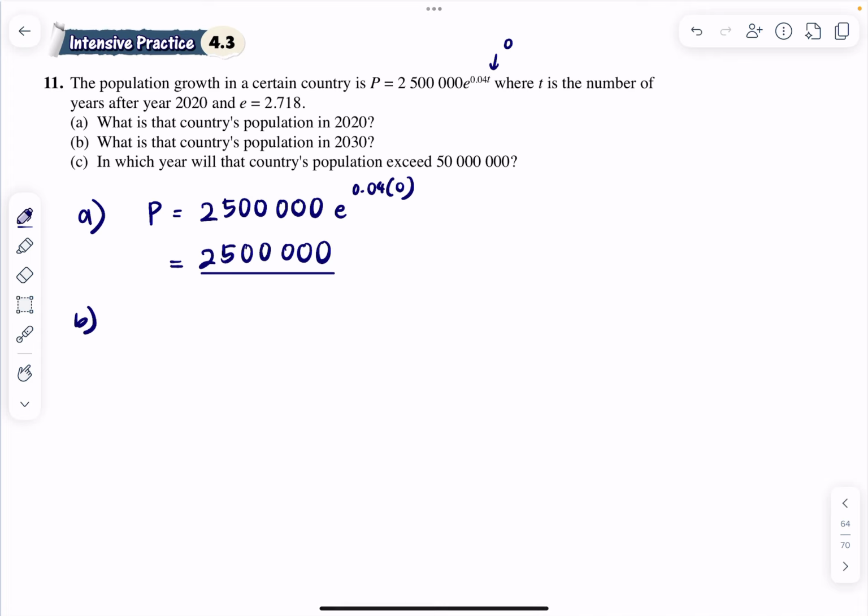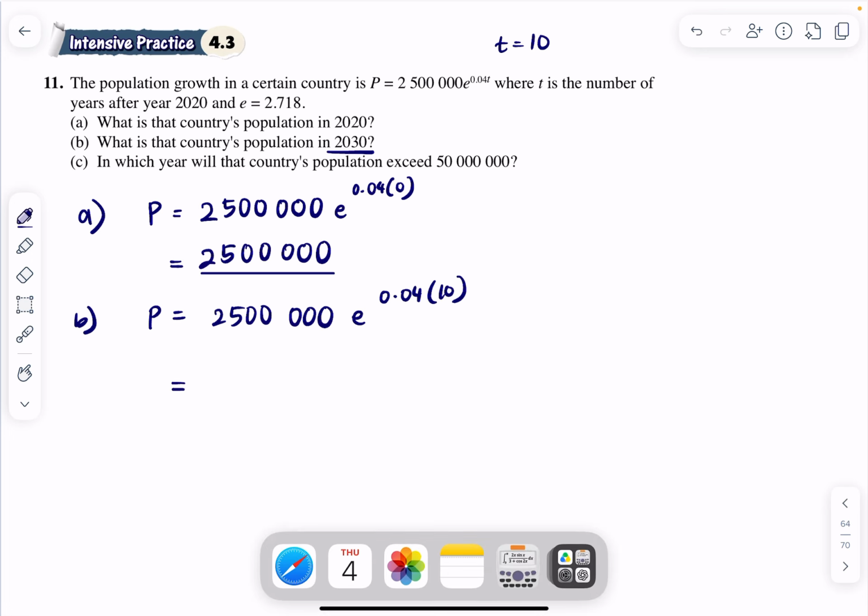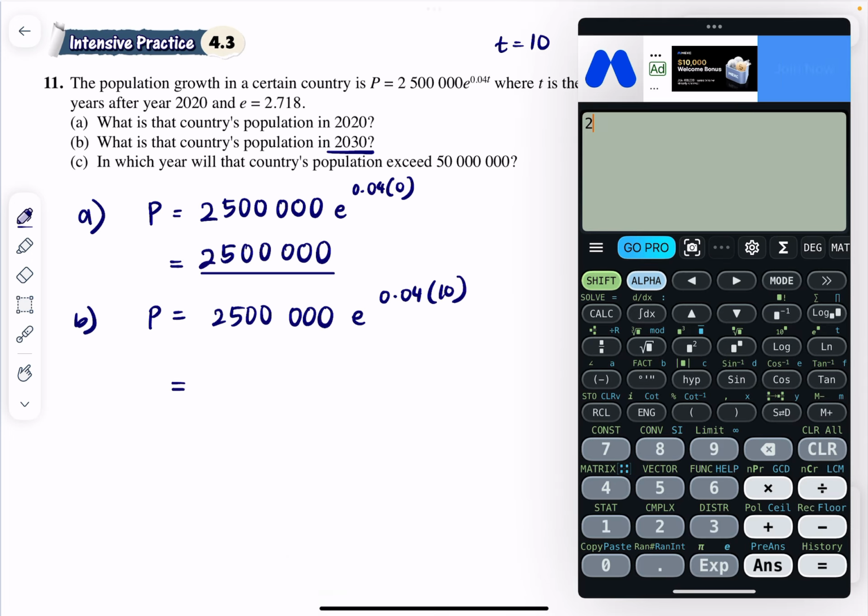B. What is the country's population in 2030? So in 2030, T will be 10 years. Since T is the number of years after 2020, so in 2030 is 10 years after 2020. So our population will be 2.5 million, E 0.04 times 10. This whole thing you can just take and put in your calculator.